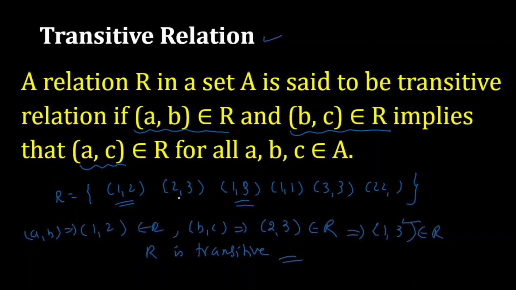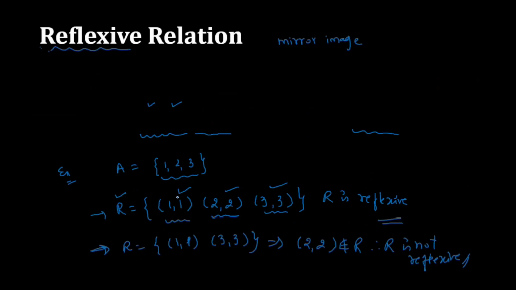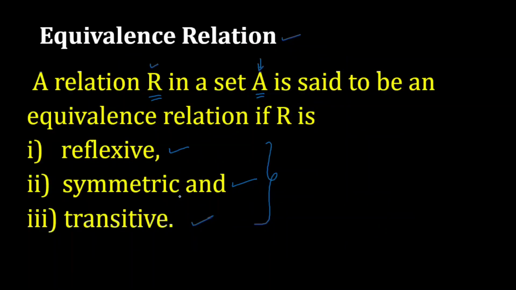If any one is not satisfied, or if it is false for any one among the three, it is not an equivalence relation. Here you can see equivalence relation. If all three are satisfied, then only it is an equivalence relation. If it is not reflexive, or not symmetric, or not transitive, if any one is false, then it is not an equivalence relation.